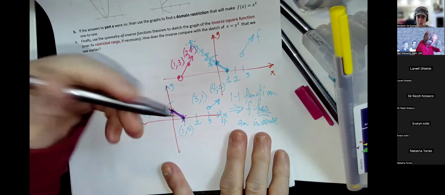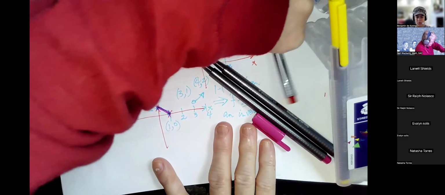If we have a function, here the function is in blue, all you do is switch the order of each of the coordinates to get a coordinate on F inverse. So you switch the order, you get a point on the F inverse. And then the line that goes right through the middle of quadrant 1 and quadrant 3, y equals x, is the line of symmetry between F and F inverse. And even on my meh drawing, let's see if we can see.